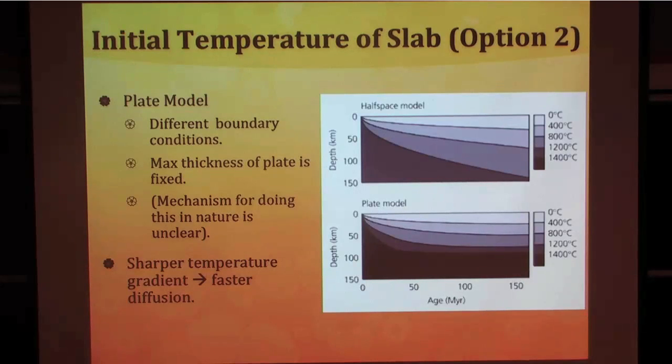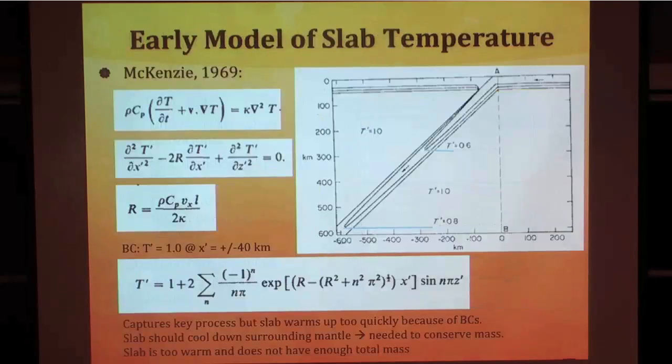Some of the earliest models for the temperature of the slab, I'm going to run out of time actually, put on boundary conditions that basically fix the top and bottom of the slab to have the same temperature as the surrounding mantle, and completely forgot about the fact that you had an initial thermal structure.